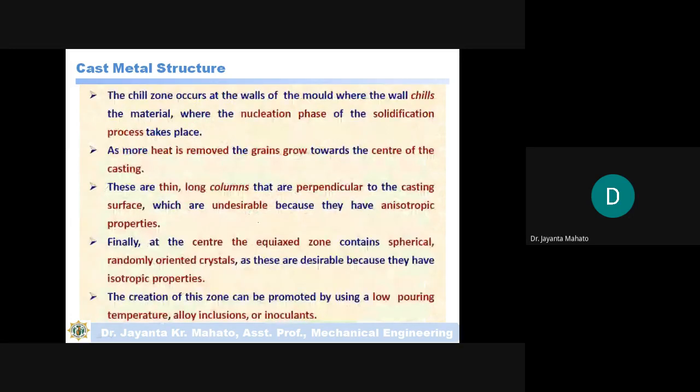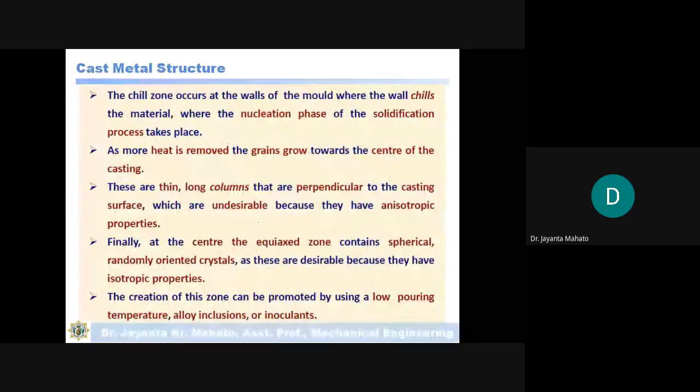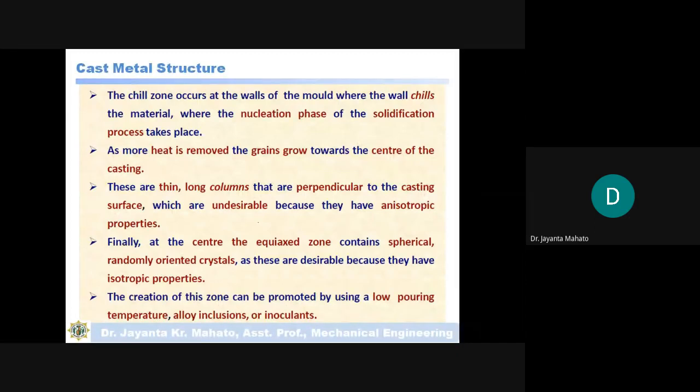Why this happened, I have already told, I am just repeating. The chill zone occurs at the wall of the mold, where the wall chills the material, meaning the wall of the mold cavity is chill compared to the interior of the mold.